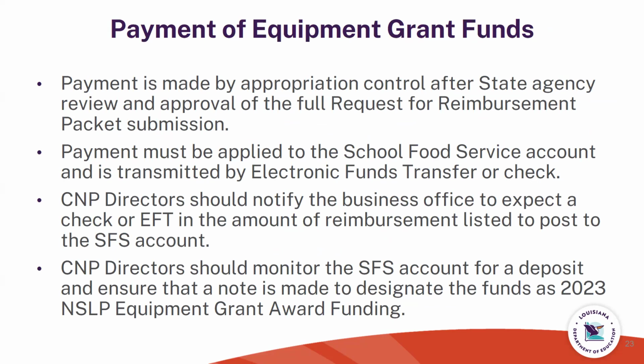Directors should notify the business office to expect that check or EFT in the amount of the reimbursement listed, which is going to post to the school food service account. You should monitor the account for a deposit and ensure that a note is made to designate the funds as 2023 NSLP equipment grant funding, because it will show up like the reimbursements show up in your account.